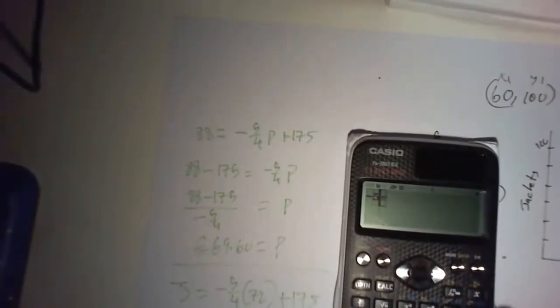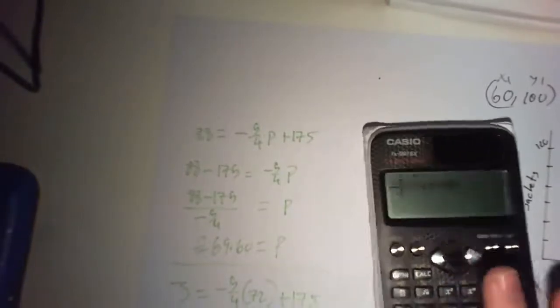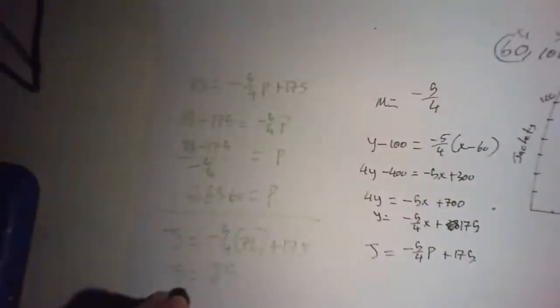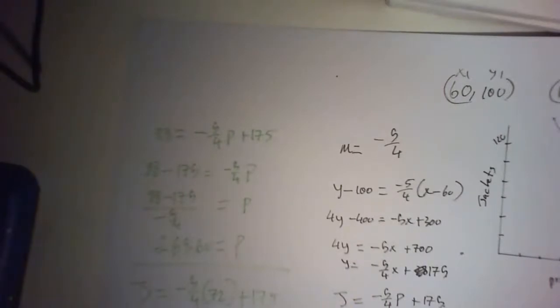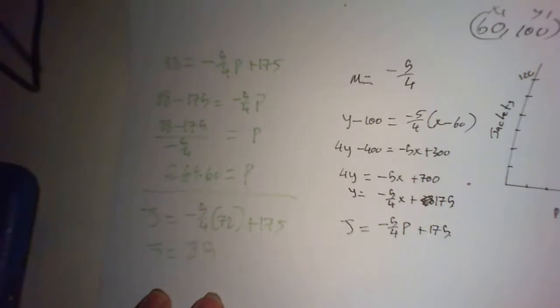Minus 5 over 4 bracket 72 plus 175 equals 85 jackets. I hope you got that right. 85 jackets. Again, I'm not big on these ideas of sketches. You either do it right or you don't do it at all type of thing. And that's it. Bye.